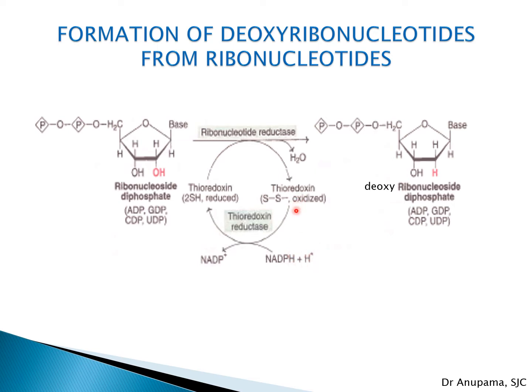So thioredoxin which is oxidized gets back to the reduced form, and finally it is ready for another series of conversion of ribonucleotides to deoxyribonucleotides and so on.